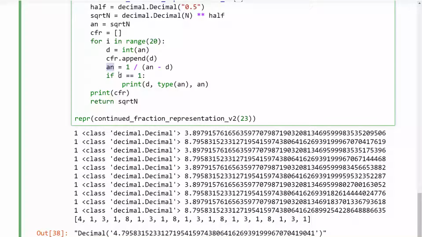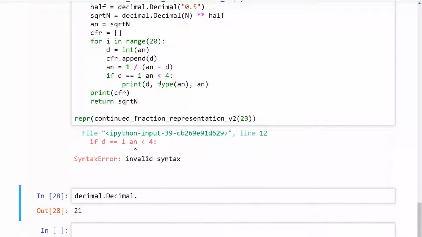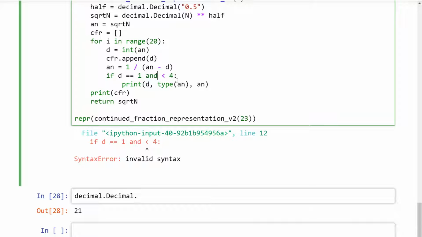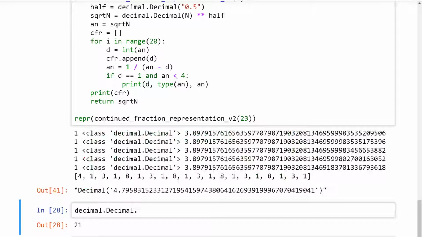Well, an is never equal 1. So d equals 1, I guess, and an less than 4, let's say. Here we can maybe see how the precision is behaving.